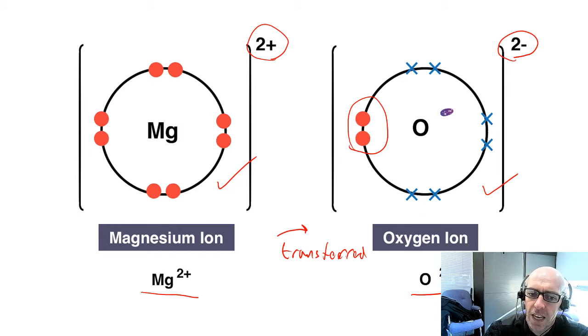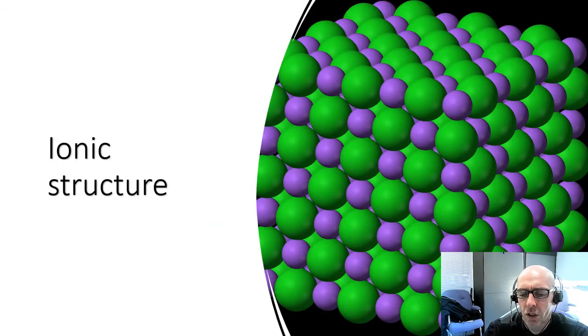Then attracted together, here, attracted because one's positive and one's negative, so we say that's an electrostatic attraction, causing strong bonds in all directions. And we moved on from that to look at the structure of this. So here, when we were talking about it, we were dealing with negative chlorine ions and positive sodium ions.